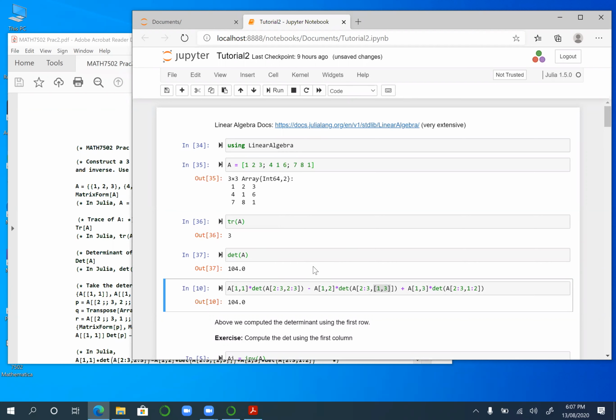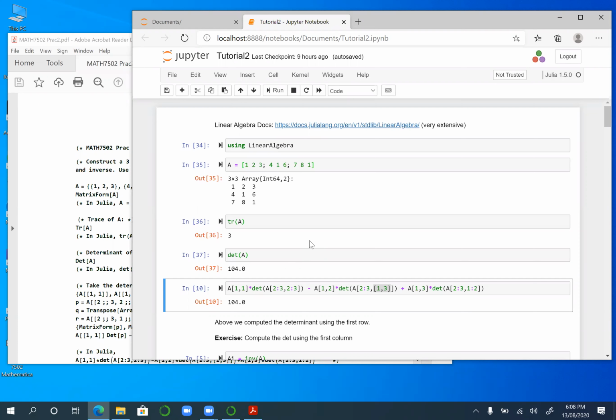All right, but next we see in input 10 another formula for the determinant of a 3x3 matrix. What we're doing basically is going across the first row and doing some indexing. The A11 entry, first row, first column, is the number 1. We pull that out by indexing, which is very important to be able to do. In fact, you want to be pretty good at this and learn all of the fancy ways to pull out specific elements, because they certainly come in handy. So we pull that out with square bracket A, then square bracket 1, comma 1, and then multiply with an asterisk.